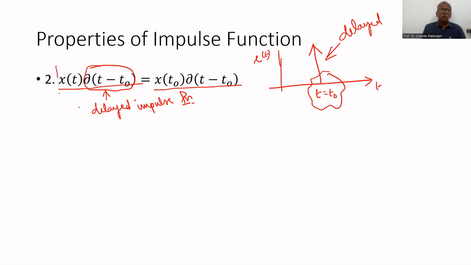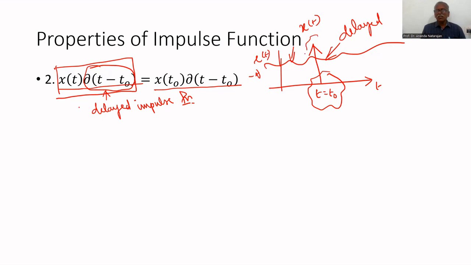Here, these two are in product. That's why x of t is like this. It exists from minus infinity to plus infinity. But del of t minus t naught exists only at t equal to t naught. If you multiply these two, at all other times the impulse function is 0.